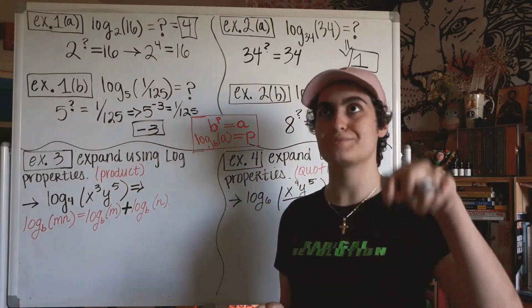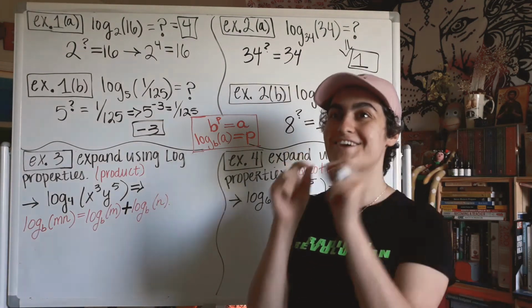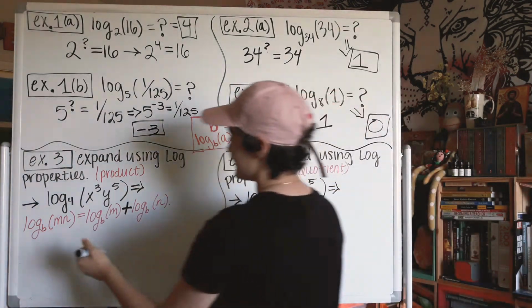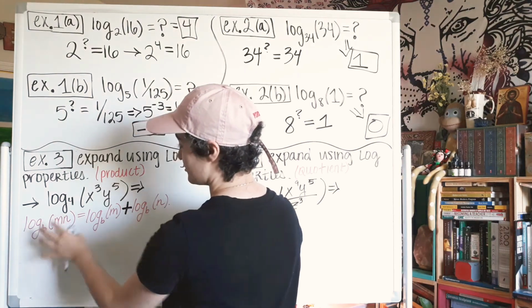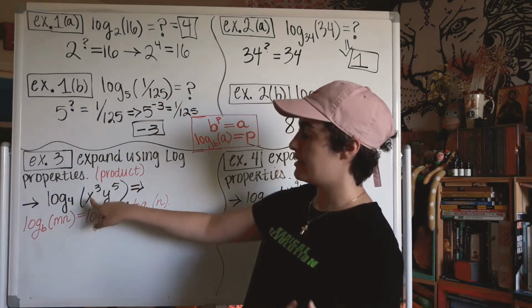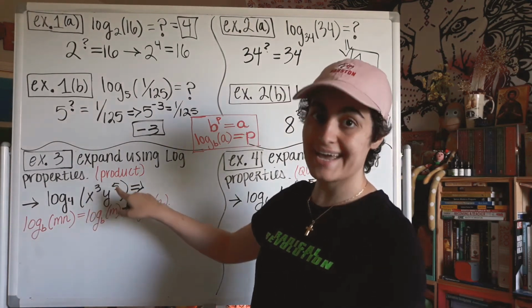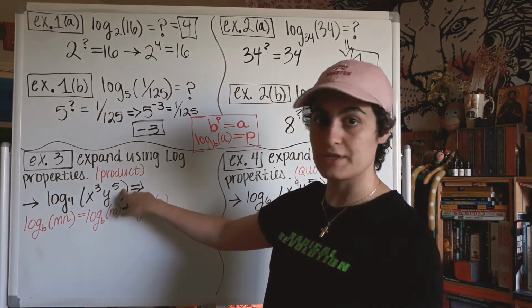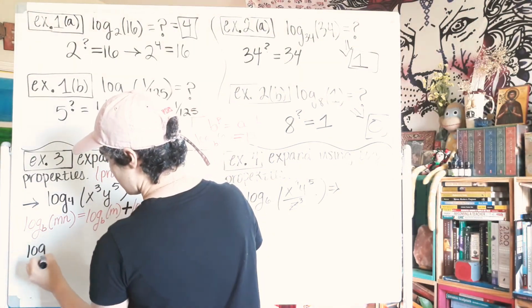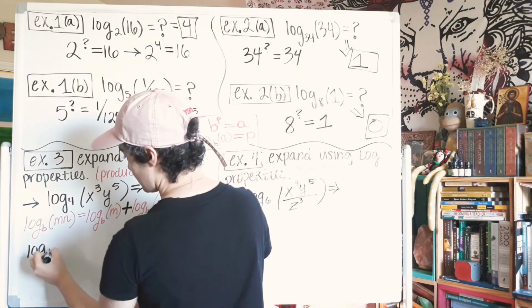The log product property. Okay. So I'm just going to expand using this exact same format. M would be x cubed, and then n would be y to the 5th. So log, I'm going to rewrite this just like that.